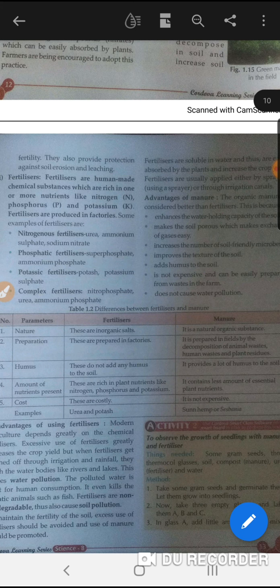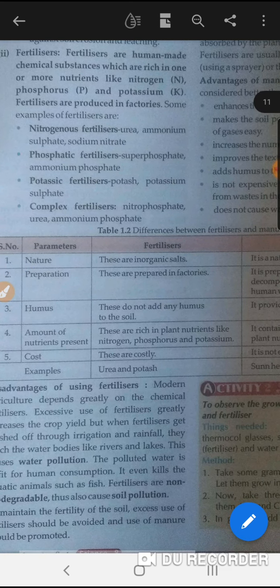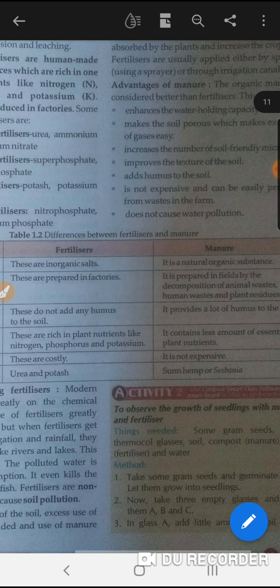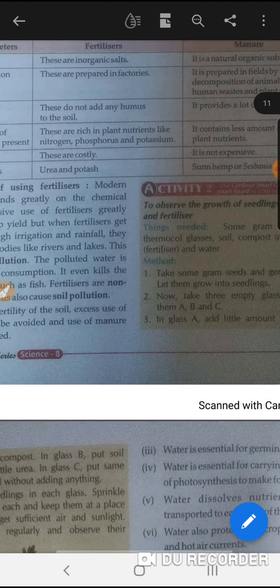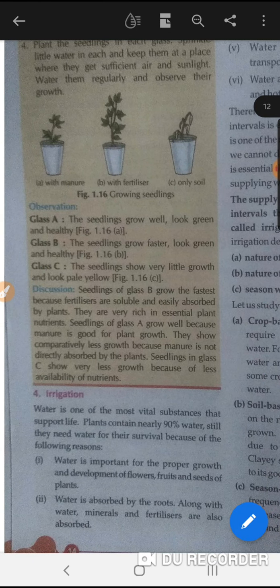Then fertilizers are costly, but manure is not costly. Examples: urea, potash, and manure, sunhemp or sesbania. Clear? Now we come to our next point, that is irrigation.